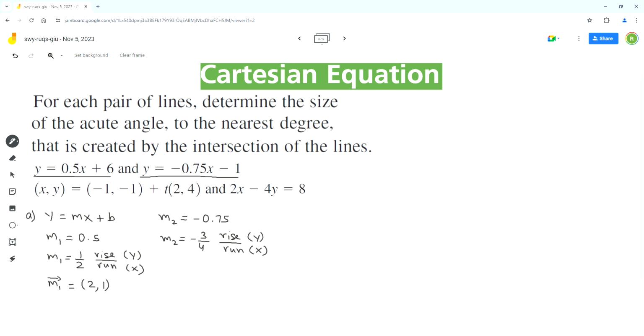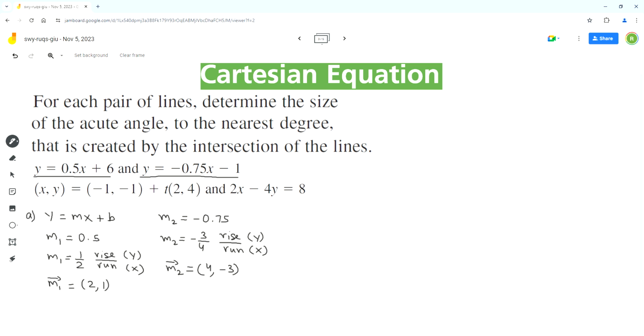So the direction vector of this line is 4, negative 3. For the x component, we use the run value, and for the y component, we use the rise value, and I assigned the negative sign to the rise value. We could have also assigned the negative sign to the 4 and not 3. The answer will be the same. But for this problem, I assigned the negative sign to the y component, 3.